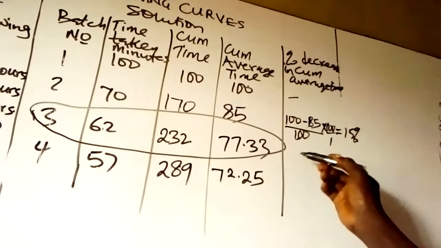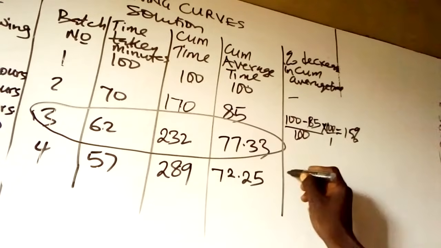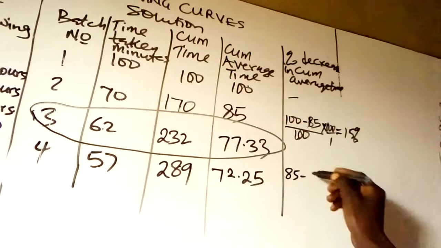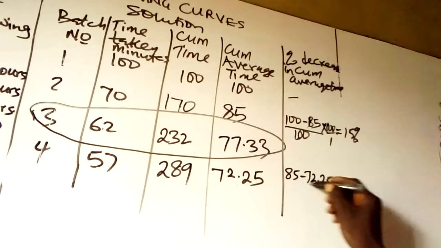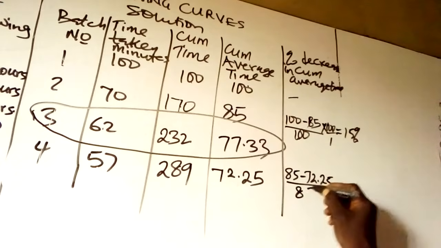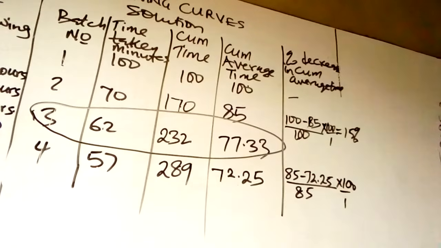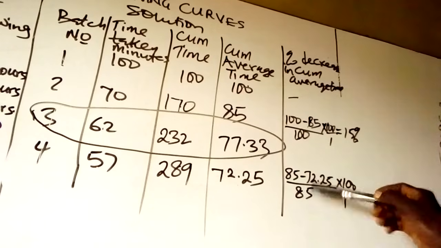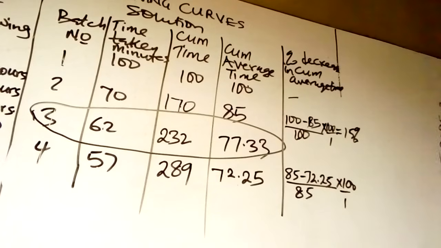Here also you have 85 minus 72.25 over 85 times 100. 85 minus 72.25 gives 12.75. 12.75 divided by 85 is 0.15, times 100.